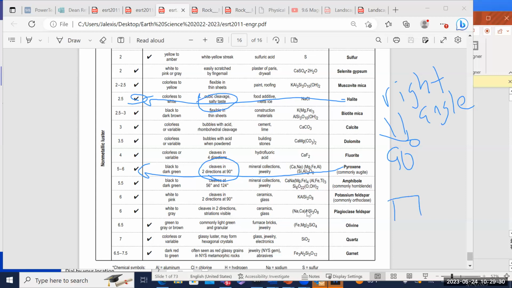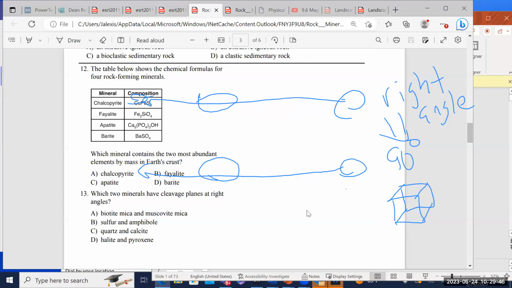Something you know about a cube is that a cube has right angles on all sides. That's why choice 4 is the correct answer, halite and pyroxene. You can look at the next videos for the rest of the questions.